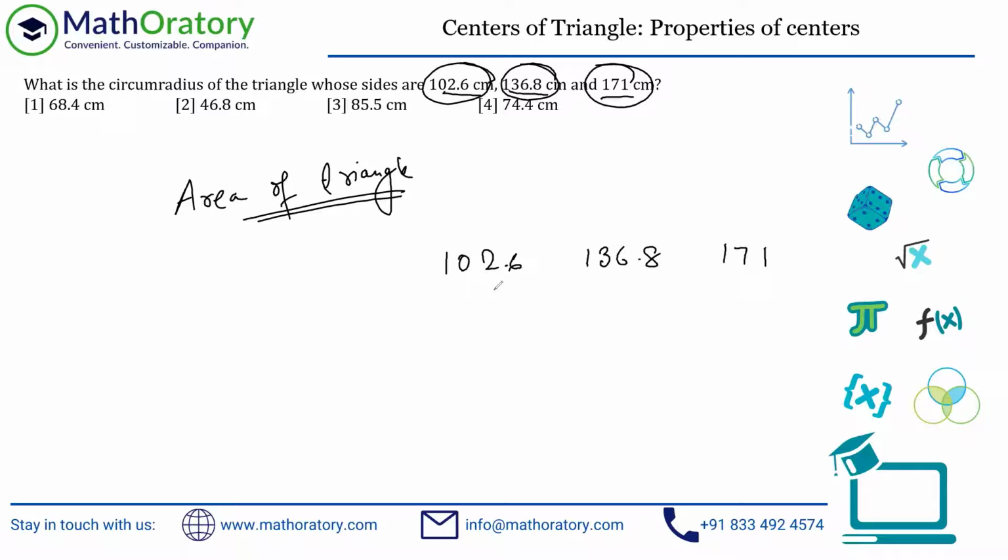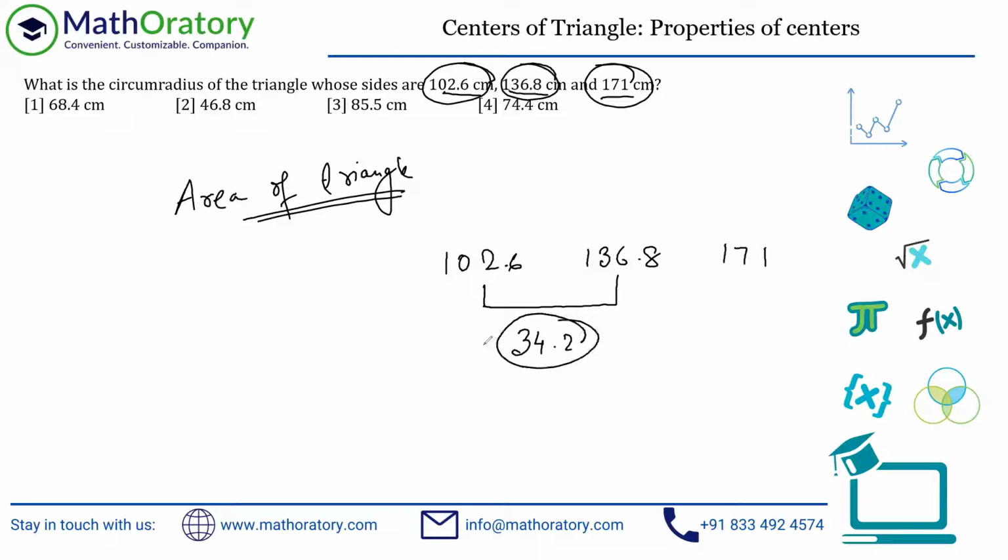Again, I'm using a trick to calculate the HCF quickly. I'm going to find the difference of these two numbers. Here the difference is 34.2. Just calculate this properly: 136 minus 102 is 34, and then 0.8 and 0.6 give a difference of 0.2, so 34.2. Now observe something.